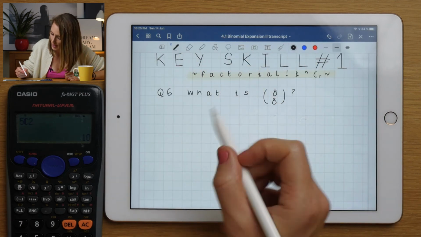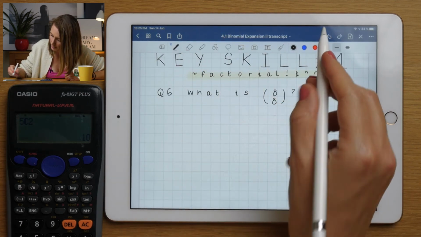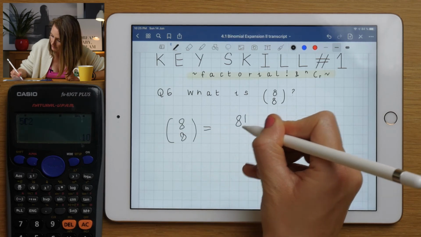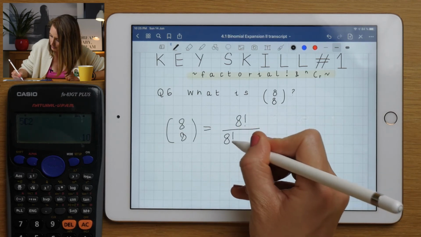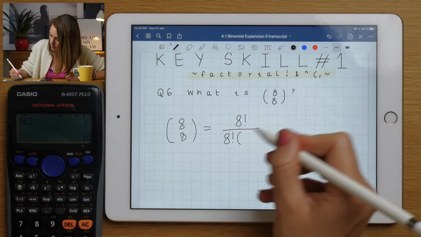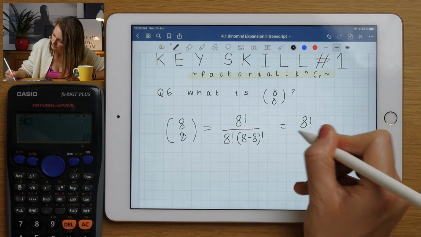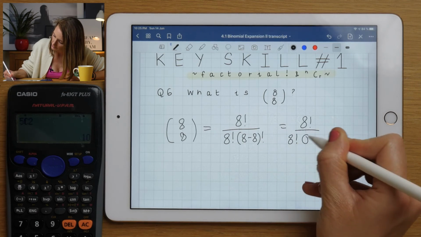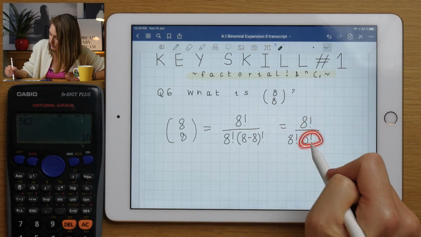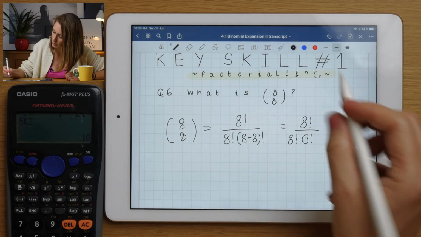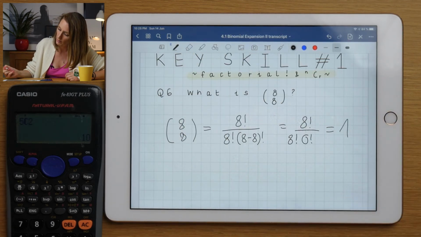Similarly for 8 choose 8, if we were expanding this, 8 choose 8 would be 8 factorial divided by 8 factorial times top minus bottom, 8 minus 8 factorial. So that 0 factorial here would be 1, and we'd have 8 factorial divided by 8 factorial, which would just be 1.